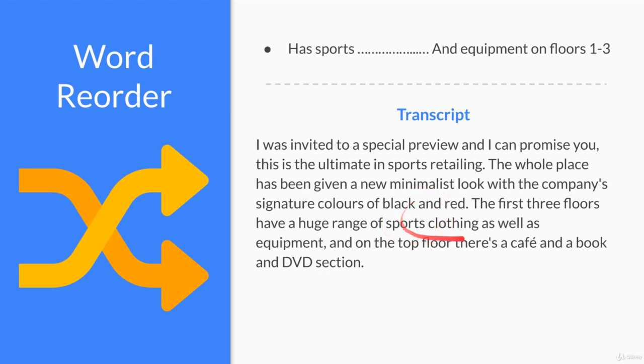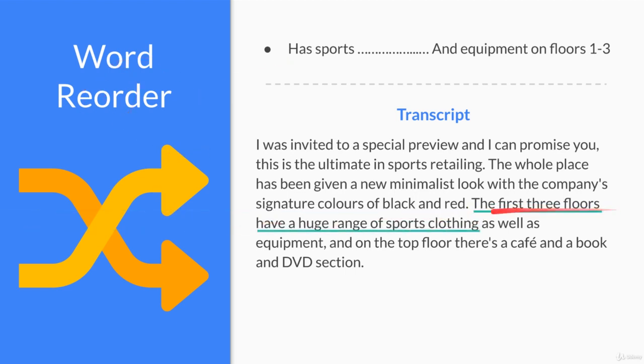As you can see over here, the phrase first 3 floors appears first, and then the word sports appears down here. So the order is reversed. So that's what we mean by word reorder.